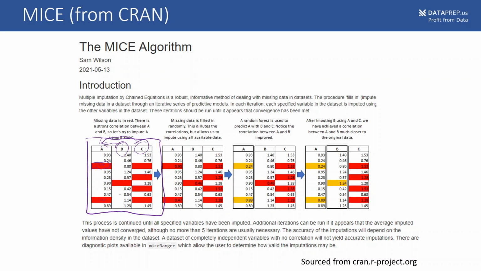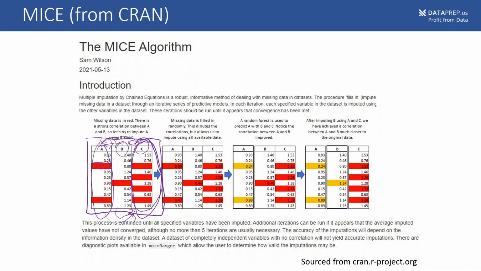But once we have done this, we will use this column and this column to calculate the next one. And in a similar way, we will calculate the third column using the values, including the imputed values from the other columns, and fill up this one as well.